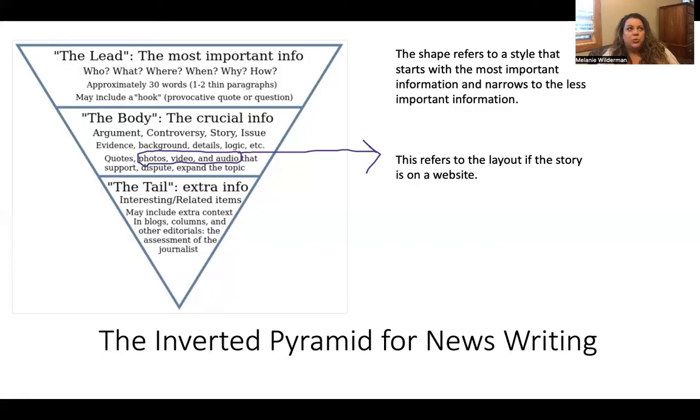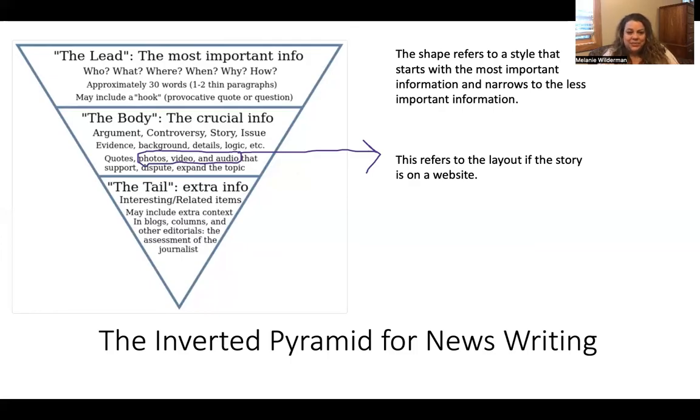If there's conflict in the story, you're going to be presenting the conflict through use of your sources. You're going to be providing some evidence, background, details. And again, think of it always in terms of flowing from more important to lesser important information.